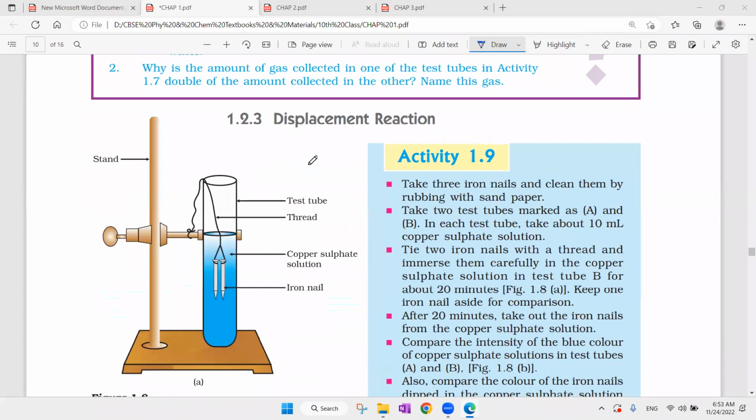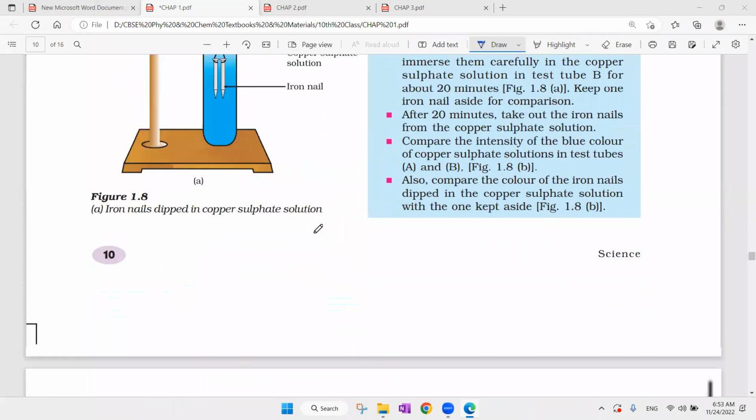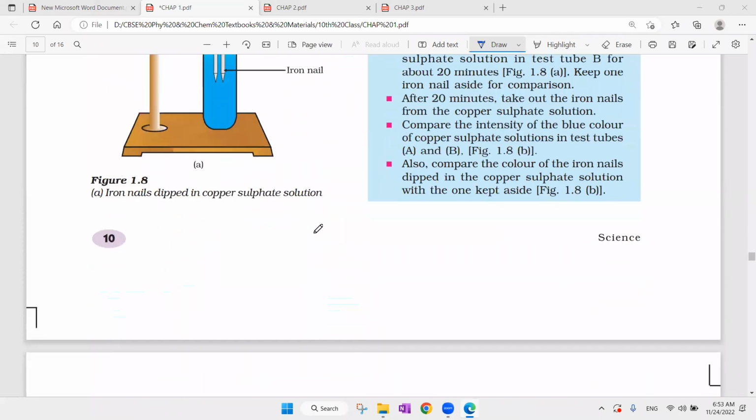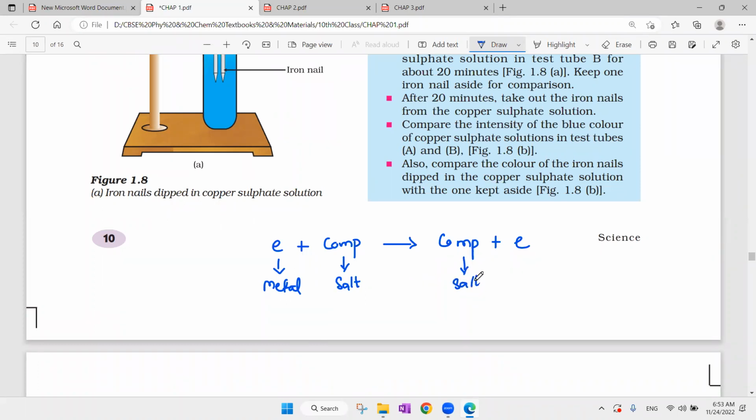Okay. Displacement reaction. Displacement reaction means mainly you will take one element plus compound gives rise to new compound plus new element. This element must be metal. This compound must be salt, and the new compound will be salt.